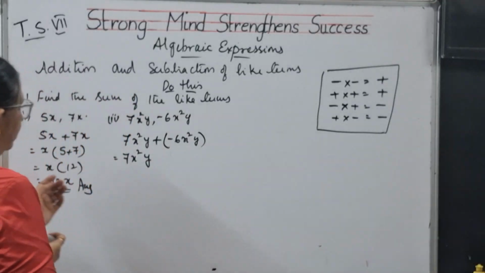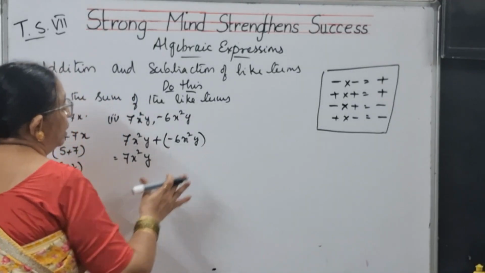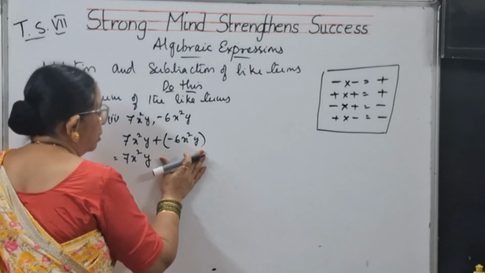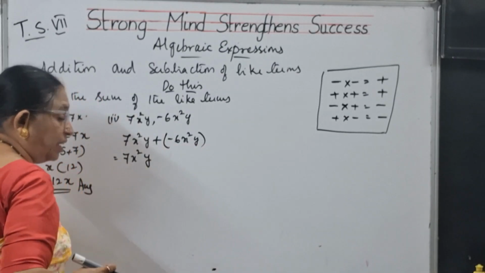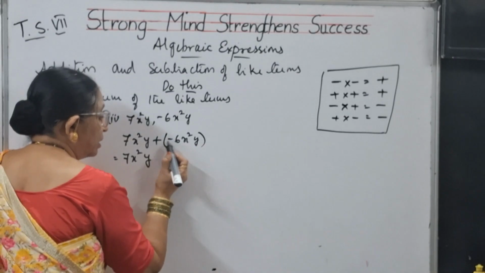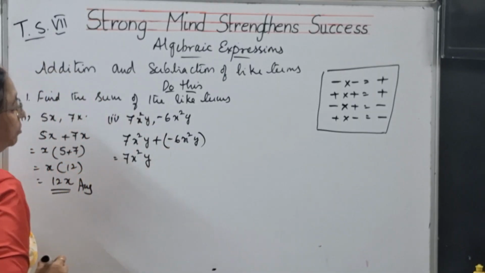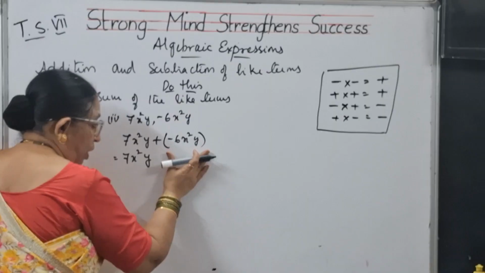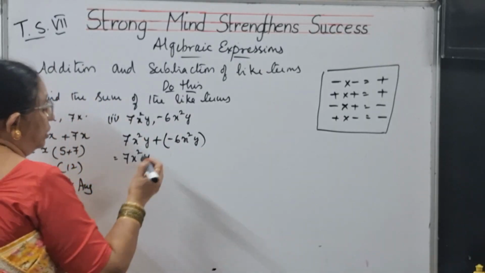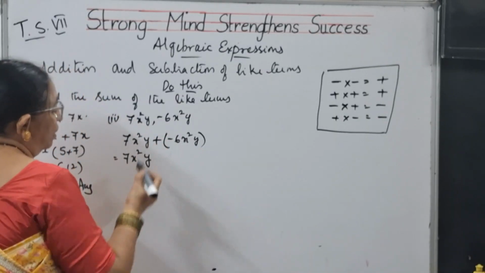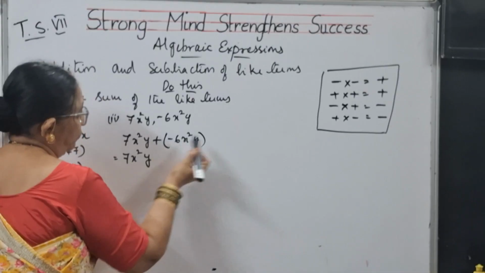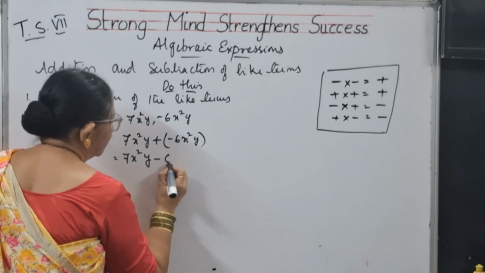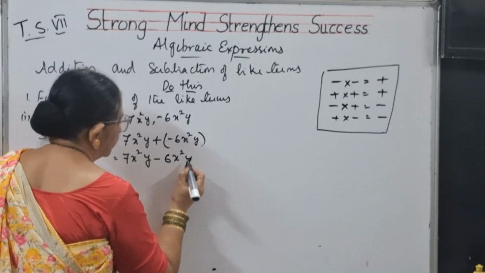So here, even though it is addition, this is what we call algebra. You have a lot to do with the signs. When two signs are there, you cannot keep them together, so you need to put a bracket. When you have kept the bracket, you need to multiply the signs. So plus into minus, two different signs, we get minus 6x square y.